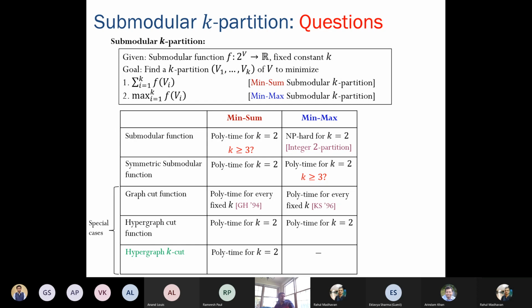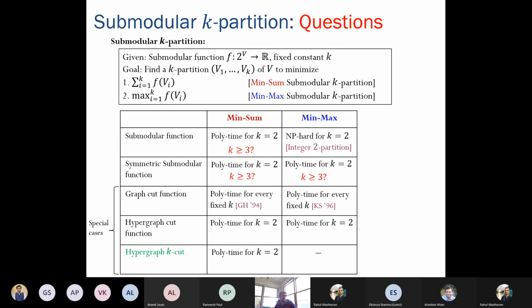Given this was the status until a few years ago, the natural questions are to first answer min sum submodular K partition and min max symmetric submodular K partition for larger constants K. But if we don't know how to bring this into polytime, it is good to think of these special cases.